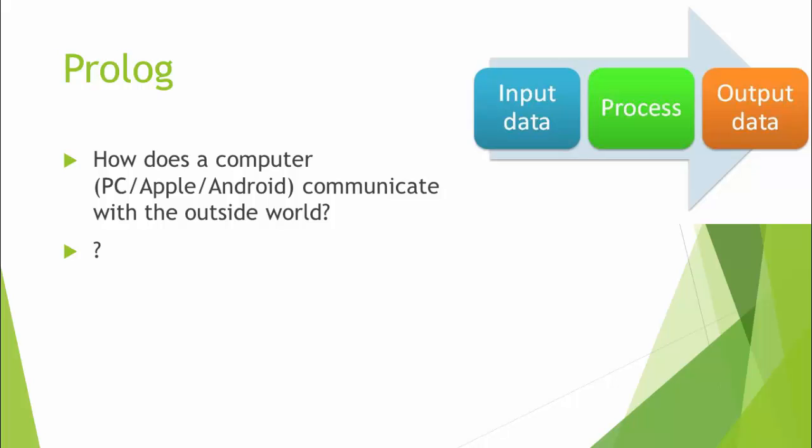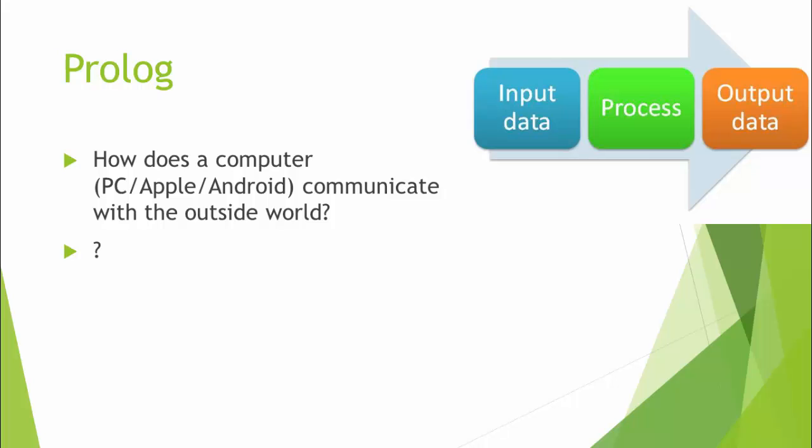Okay, welcome back. So in terms of how a computer communicates with the outside world, I would think that you probably thought in terms of mice and keyboards, in terms of getting data from the outside world. Maybe you thought about the internet as a data source, maybe something else.